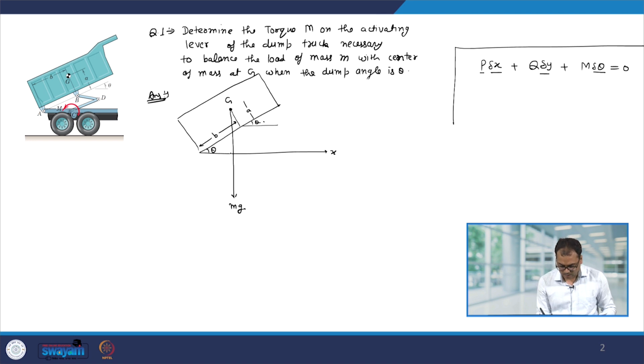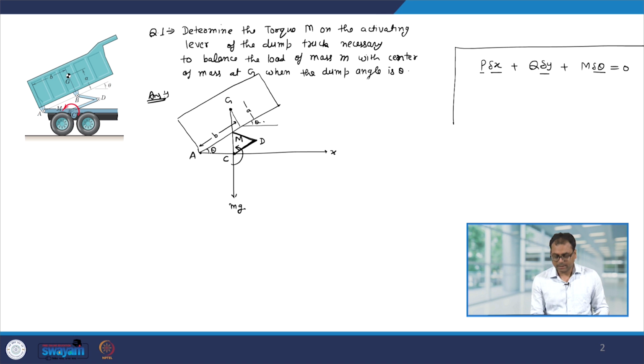Over here a moment M is applied, and this is kept in equilibrium by this assembly. This point is given as D, and this is the free body diagram.